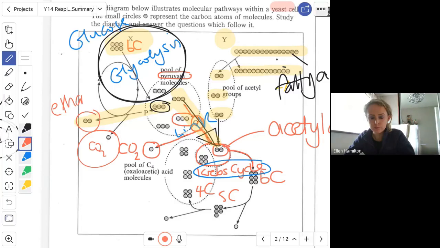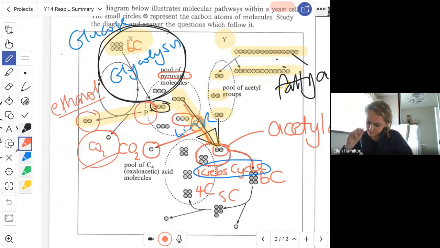So the question asks you, when will the yeast cell use pathway P? Well, that's whenever conditions are anaerobic. And what are the products of pathway P? Ethanol and carbon dioxide. Why is pathway P necessary?